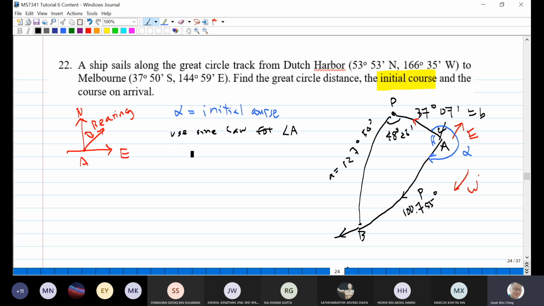It's a spherical triangle, so you must use the spherical sine law. So sine A over sine of side a equals sine of angle P over sine of side p.